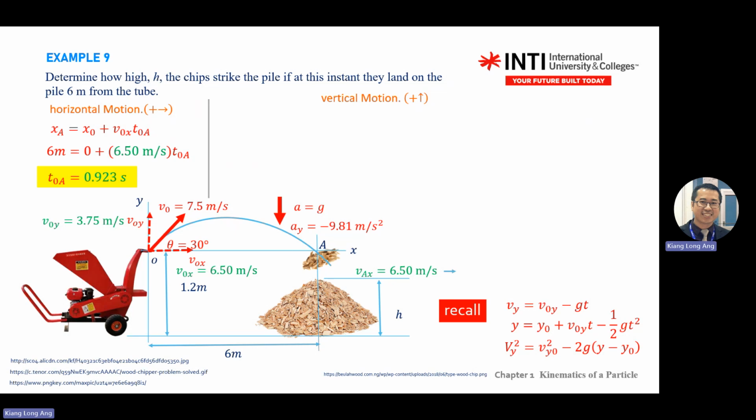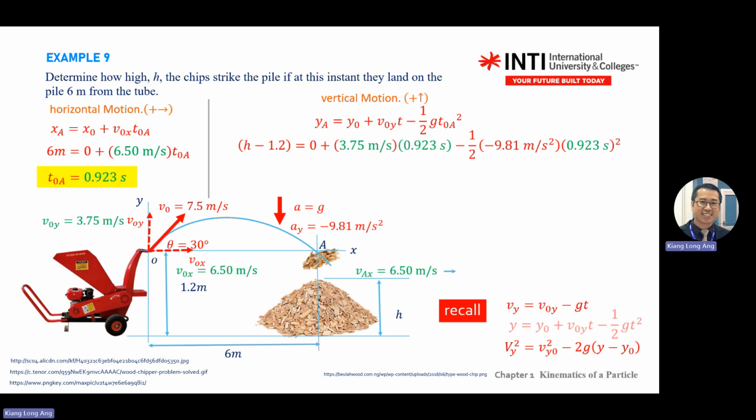You substitute, then you get these three equations, right? Okay. So since you already have time, I use the second one. So second one, I already have the Y position. Already have. So my Y here I take h minus the 1.2.